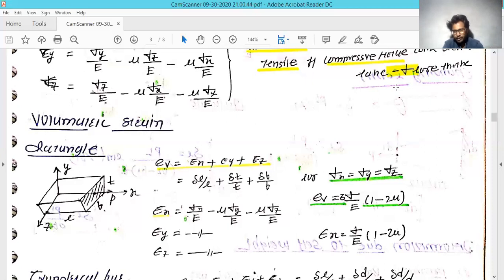So if you put this equal stress value in the strain in the x direction, that equation will be reduced to the form of stress divided by the Young's modulus, multiplied by (1 minus twice mu). So if you put this formula in the volumetric strain, that is nothing but the strain in x, y, and z direction, it will remain the same for all directions.